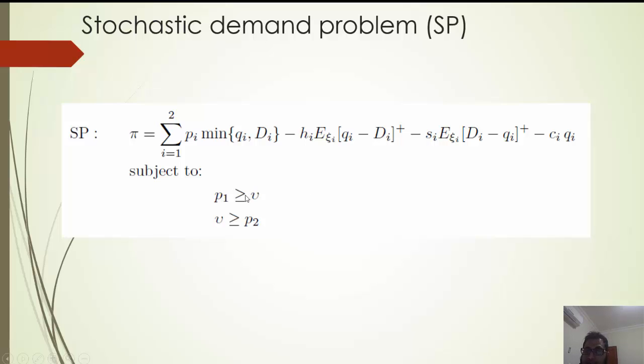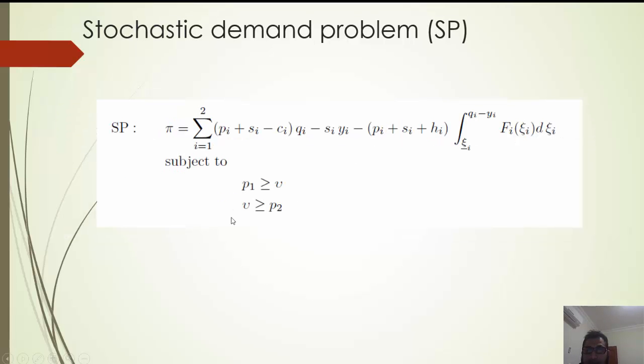And this is a linear constraint, which basically says that the differentiation price is something that differentiates the two markets, and the price of the full price market segment is P1, and the price for the discounted market segment is P2. And these are linear constraints. So typically we can notice that it's a nonlinear program subject to linear constraints.